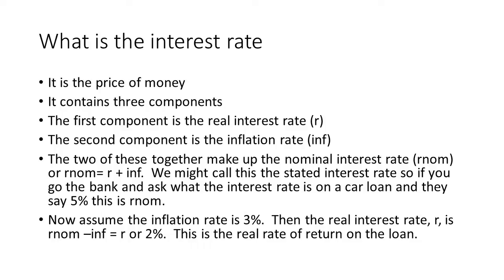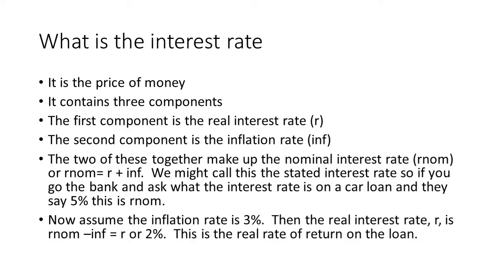So, what is the interest rate? Well, as we indicated, it's the price of money, and it contains three components. The first component is the real interest rate. Now, the real interest rate is rather complicated, so I won't get into the nuances of it, but it is basically the interest rate you get over and above the inflation rate.